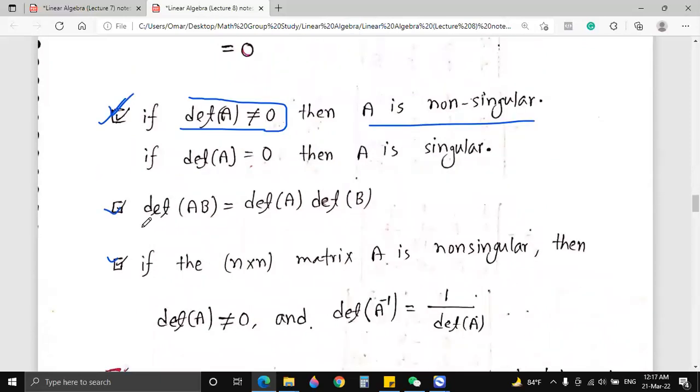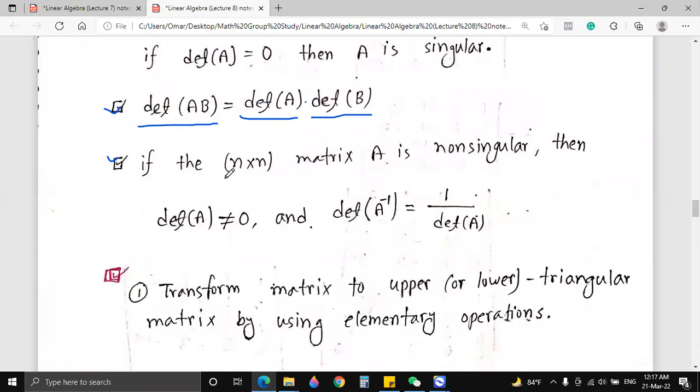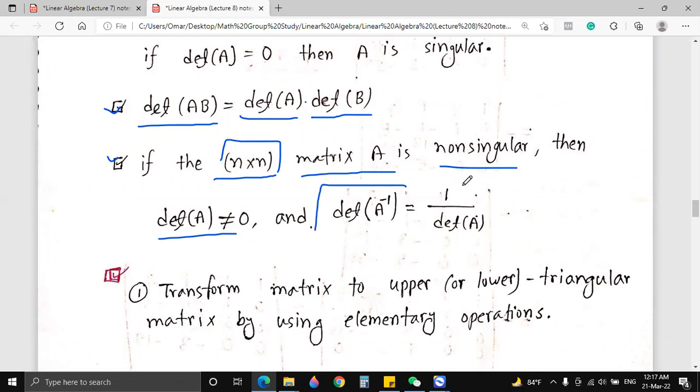And determinant of A multiply B will be determinant of A into determinant of B. And if the n by n square matrix A is non-singular, that means determinant of A is not equal to 0, then determinant of A inverse will be 1 by determinant of A. You see here, A inverse will be 1 by determinant of A.